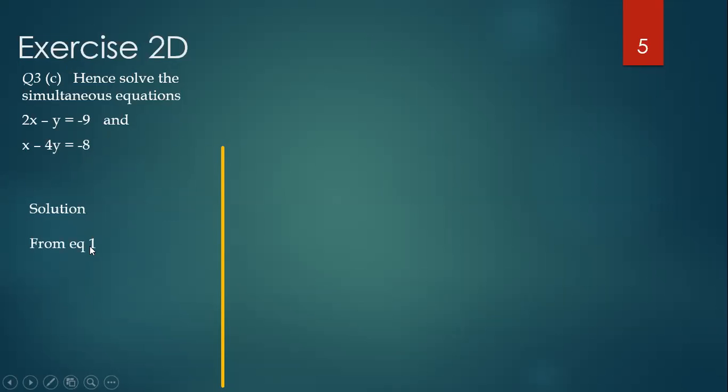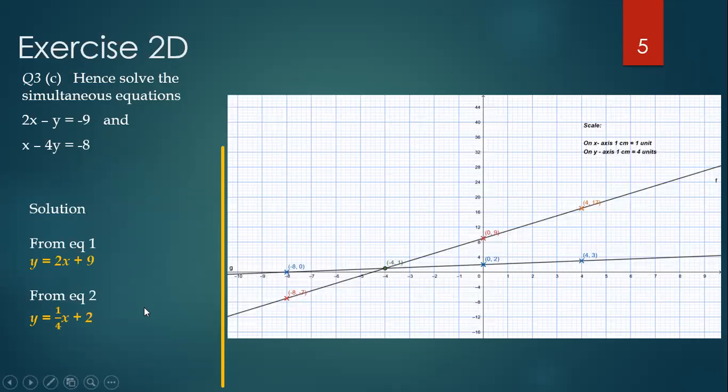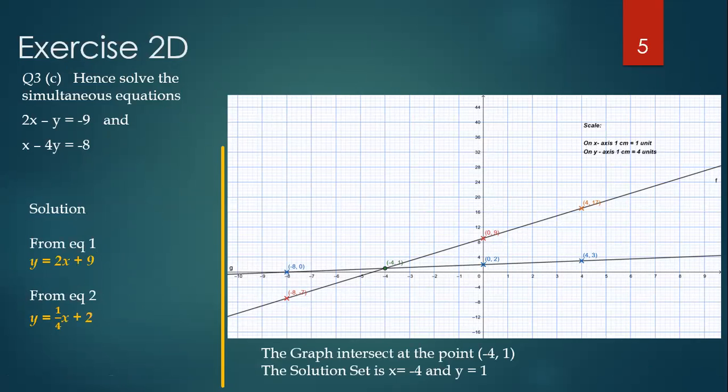From equation 1, we get y equals 2x plus 9, which was part A. From equation 2, we get y equals 1/4 of x plus 2, which was part B. And this was the graph that we made previously, and our intersection point was minus 4, 1. So we write: the graphs intersect at the point minus 4, 1. The solution set is x equals minus 4 and y equals 1.